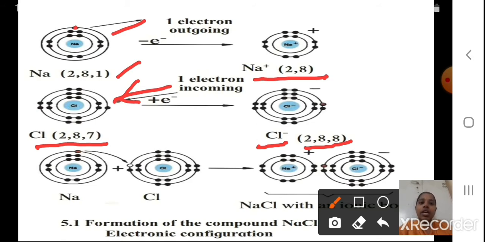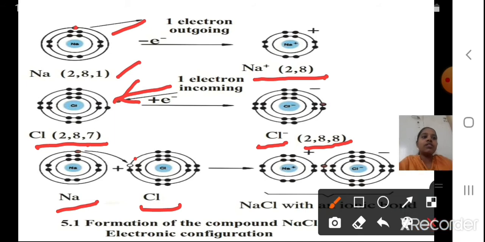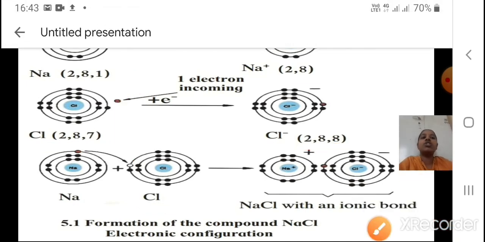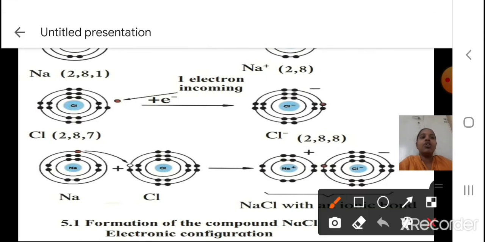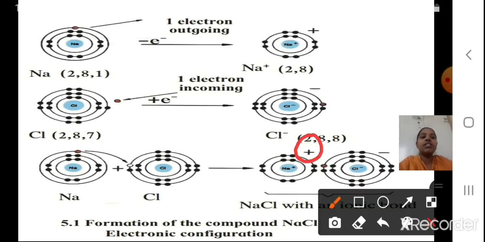Okay. So you can see Na and Cl, this 1 electron is getting shifted here. Can you see in that circle? So what is it forming, students? You can see the formation of NaCl with an ionic bond. You can see this positive Na+ and this negative Cl- joining together and forming NaCl.